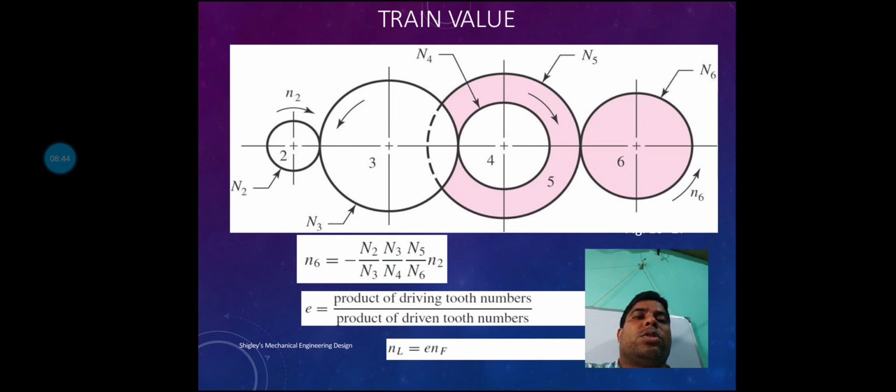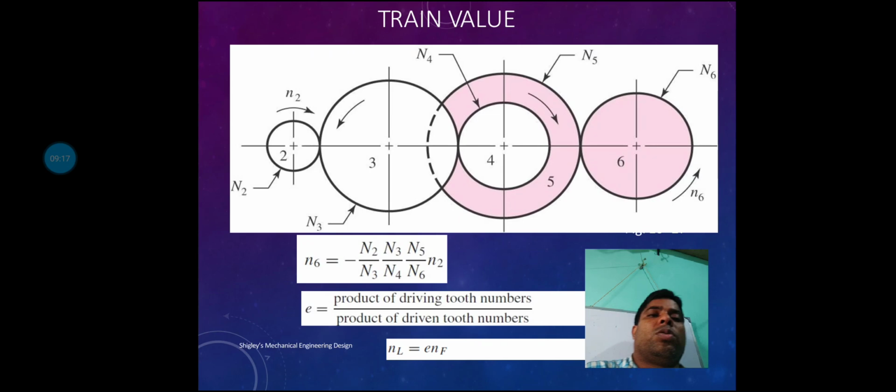That means N2 by N3, the product of driving tooth numbers over the product of driven tooth numbers. That means N2 by N3, N3 by N4, N5 by N6. That means N3 and N3 cancel, and N4 and N4 cancel.